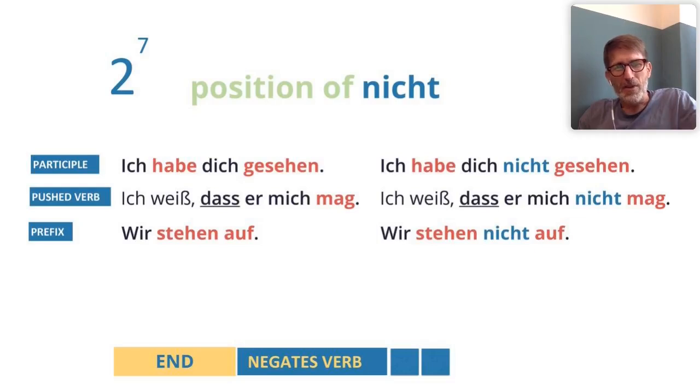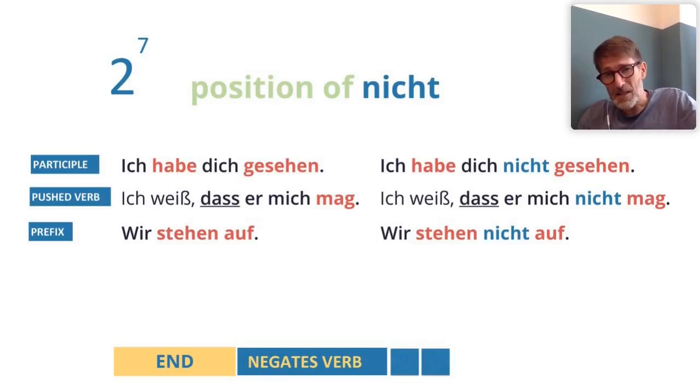You also have verbs at the end when they are pushed to the end. They are pushed by what I call pushers. Other people call them subjunctions, like das or weil or wenn, and you find the mark at the end. Then you also put the nicht in front of that.